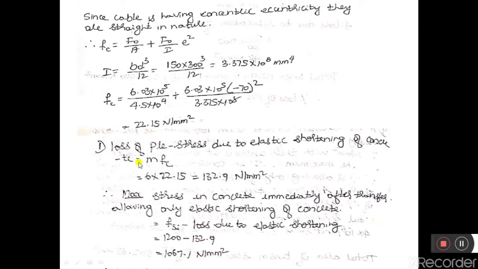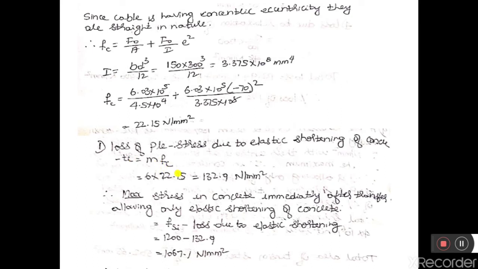Now, he has asked us to calculate the maximum stress in the member immediately after elastic shortening loss. So first, let us calculate the loss due to elastic shortening. The loss of prestress due to elastic shortening of concrete is equal to m into Fc, because it is a pre-tensioned cable.